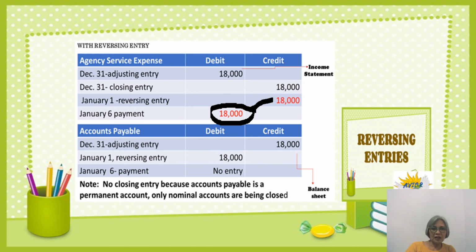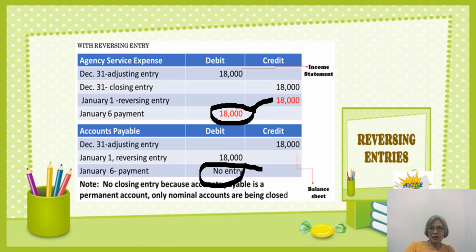Kasi wala ka ng accounts payable na i-record dahil na-record mo na sa reversing entry. So, ang magiging credit mo ay cash na. Wala ka na dito sa accounts payable. Dahil hindi na naka-record as current yung accounts payable mo because of the reversing entry.